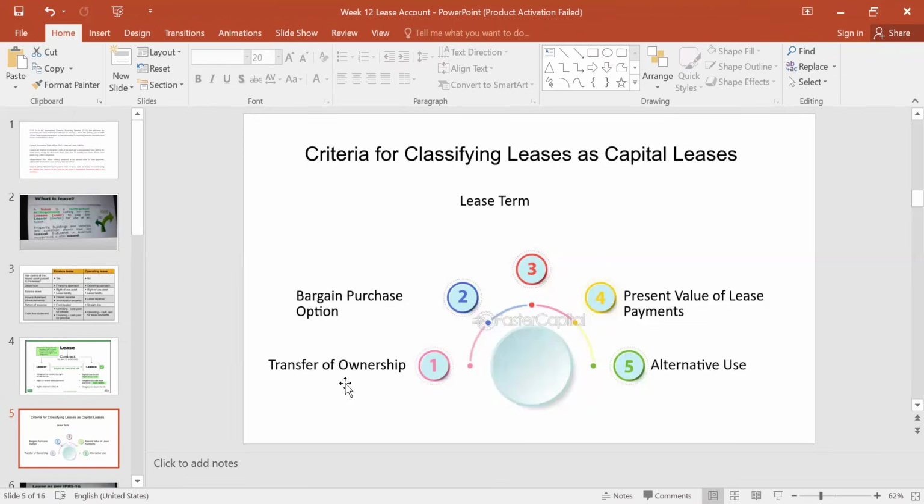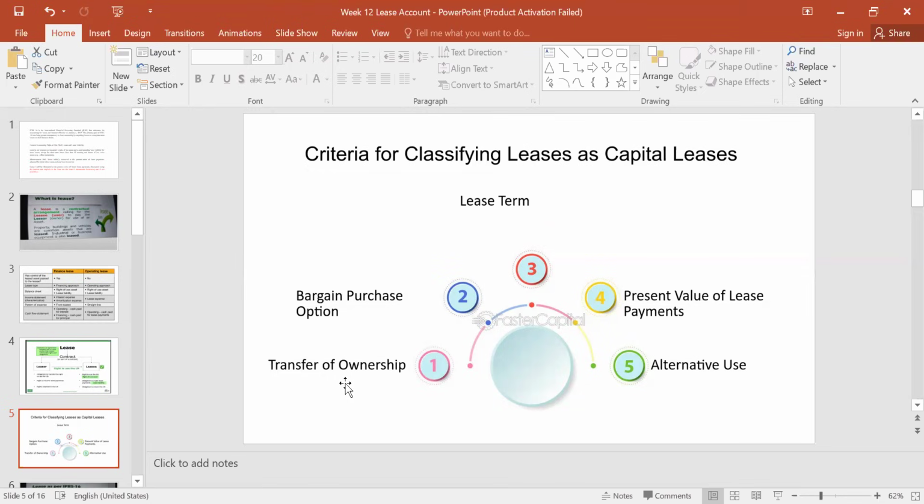In the finance lease or capital lease, you have to transfer the ownership after the end of the lease period. Okay. Say for example, you give an asset to the lessee on a complete lease agreement for 10 years. After 10 years, you have to transfer the ownership of the asset.